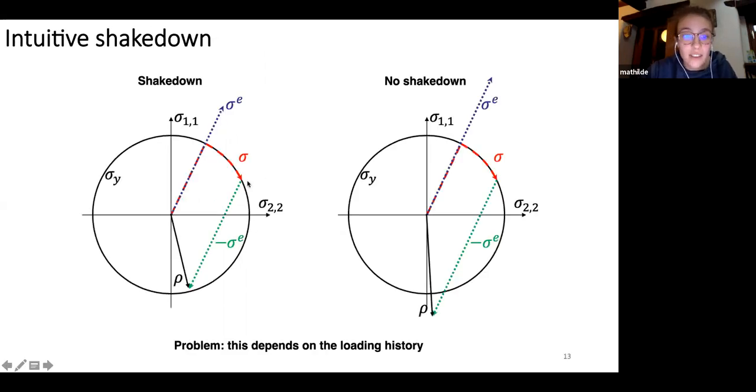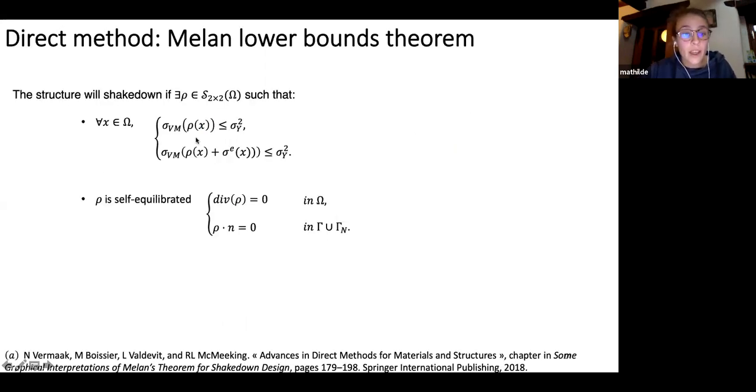That's exactly this case here. And this stress also has to be self-equilibrated. Indeed, when we unload, we don't have any loading applied on the object, so it has to satisfy an equilibrium equation.